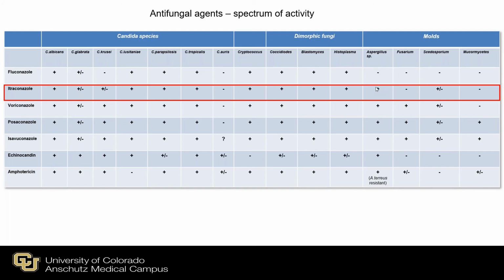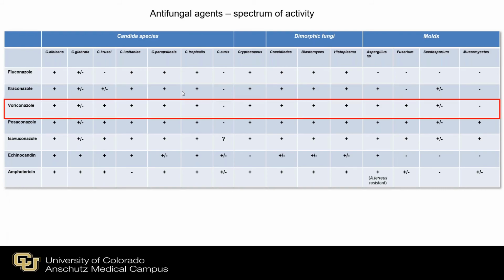Itraconazole has an extended spectrum of coverage, meaning it has some mold activity, but it has issues with hypertension and exacerbation of heart failure, and it also has issues with oral bioavailability and absorption. So we mainly use it just for treatment of dimorphic fungi, including Blastomyces and Histoplasma. Voriconazole is our first broad-spectrum mold-active azole.